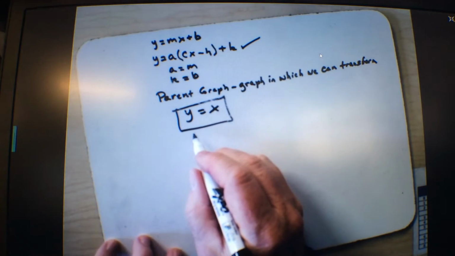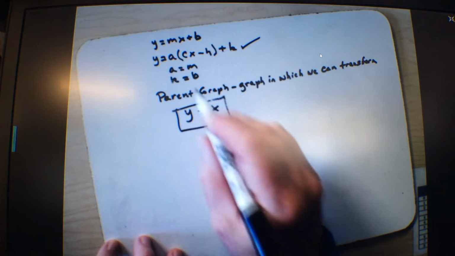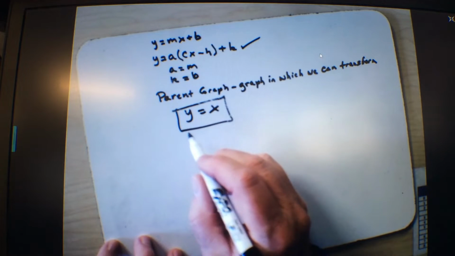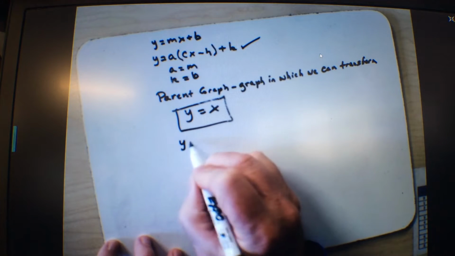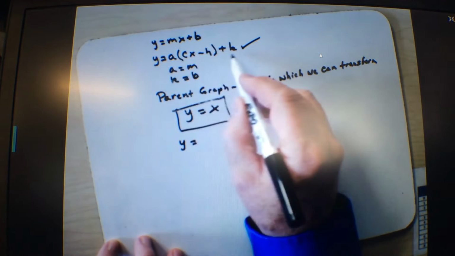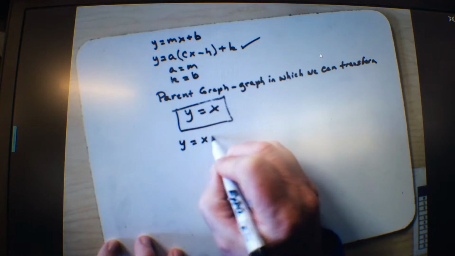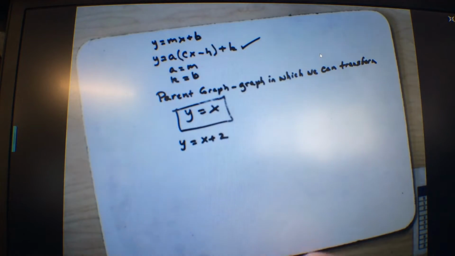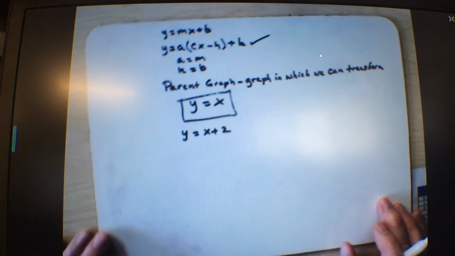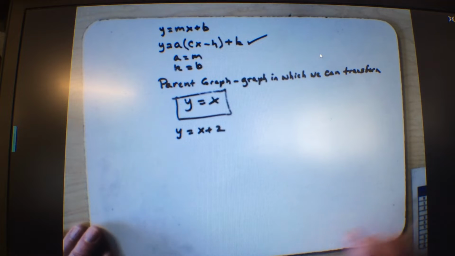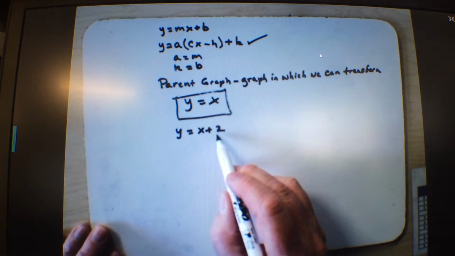All right, the first thing I'm going to do is add a number outside of it. So I'm going to go y equals, remember this formula right here? I'm going to go y equals x plus 2. Okay, now from last week, you should know what this does if we add a 2 to it.